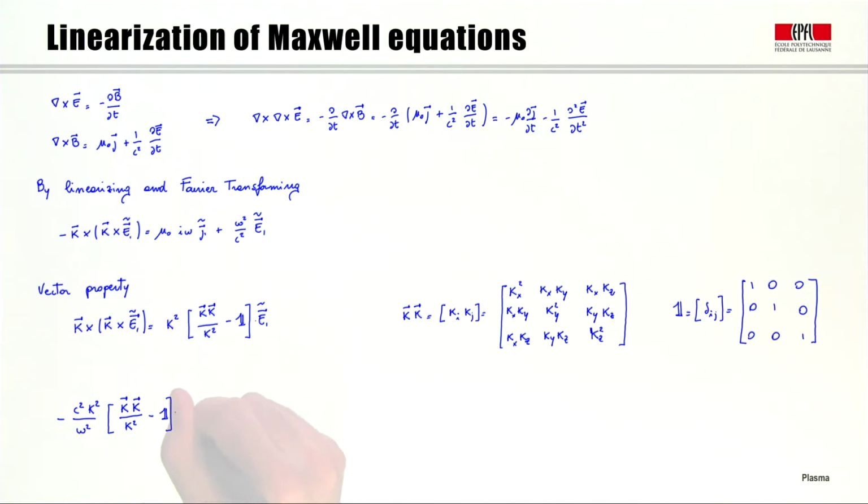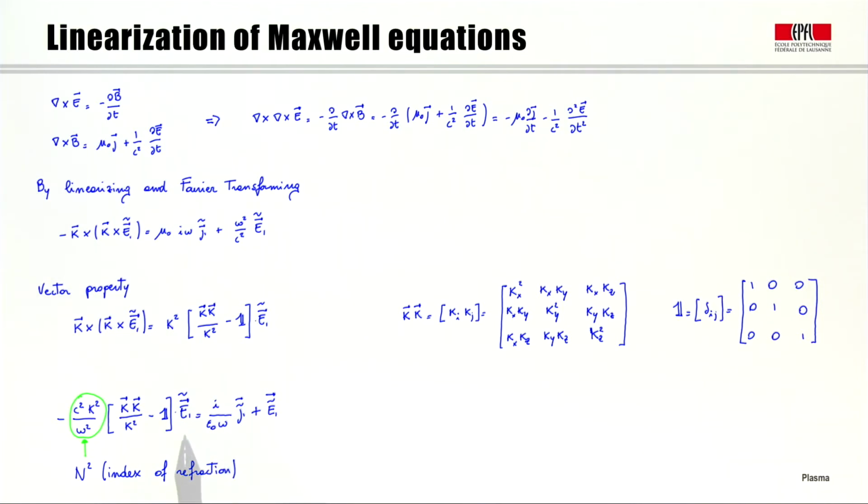Then here, recalling that epsilon 0 mu 0 is equal to c squared, this can be written as i divided by epsilon 0 omega J1 plus the electric field. This quantity here is a dimensionless number, and we will denote it with n squared, and it is actually the index of refraction.